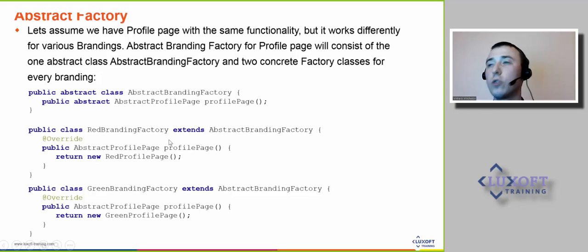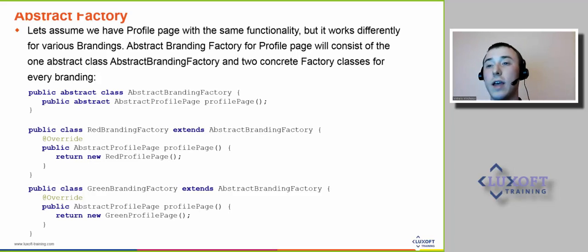So this profile page method is a factory method, and we have a concrete realization of our branding factory. It's red branding factory, for example, and green branding factory, which extend the abstract branding factory class, and they implement the profile page method. Pay attention that the profile page method returns an abstract profile page, as in the case of factory pattern when we return from the create driver method, we return abstract WebDriver.